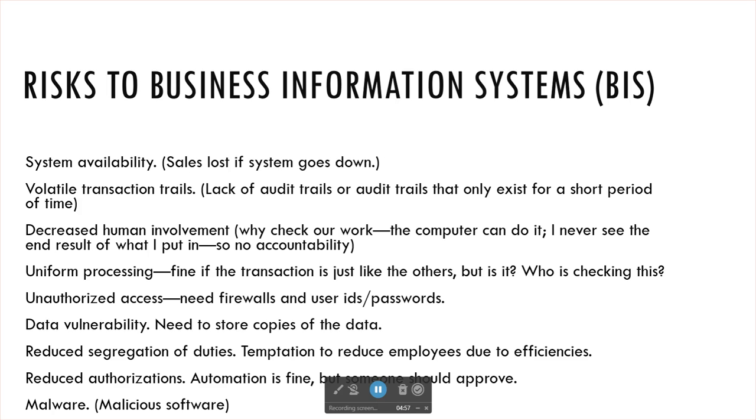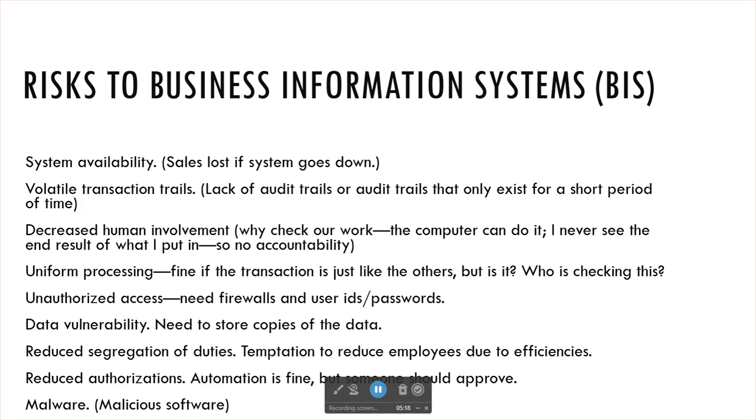And then the firewall is, you've heard of fire doors, I guess, and maybe you've seen these. They're heavy metal doors that keep the fire from coming into a particular part of a building. Well, you have something like that to keep people out. Data vulnerability, you need to store copies of the data.